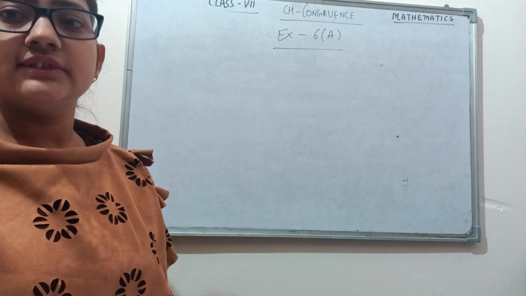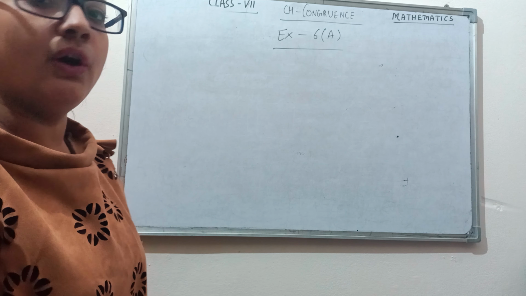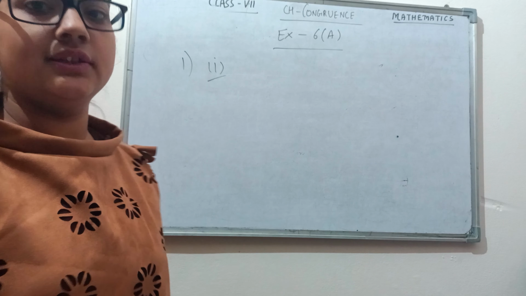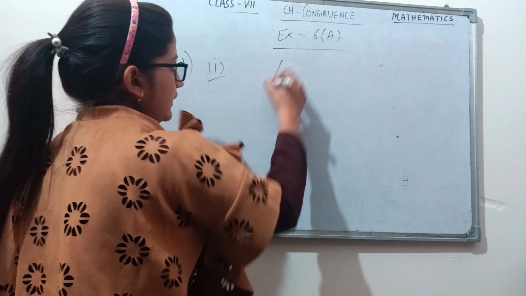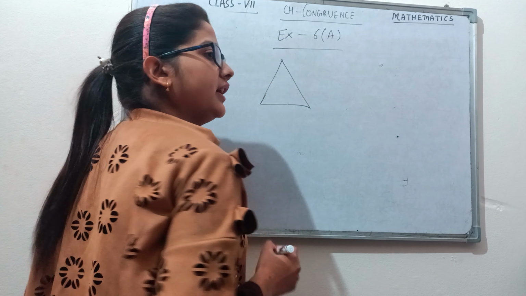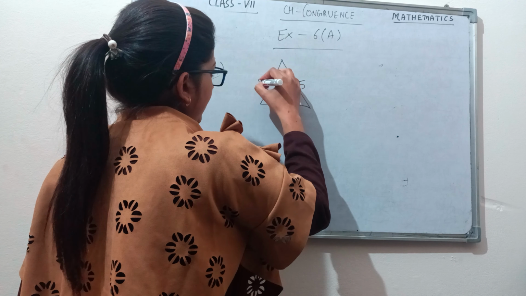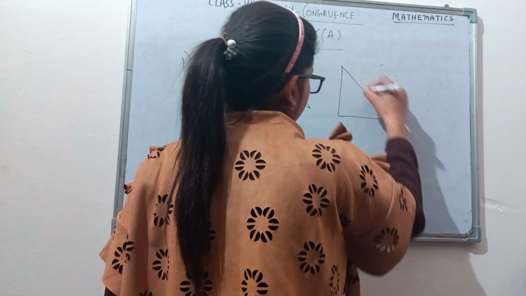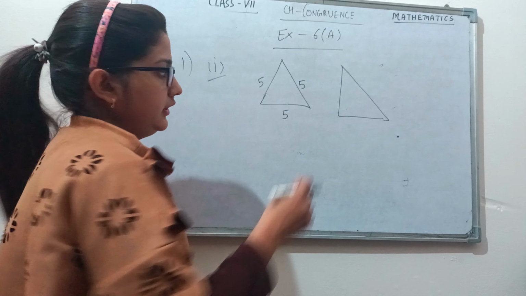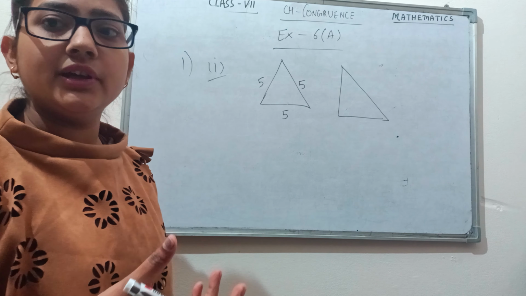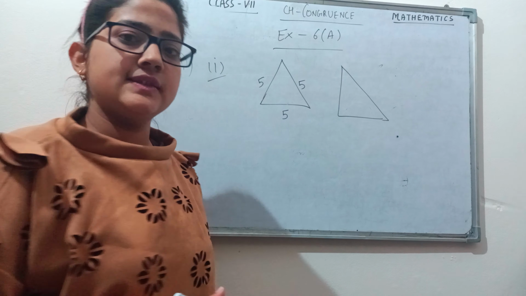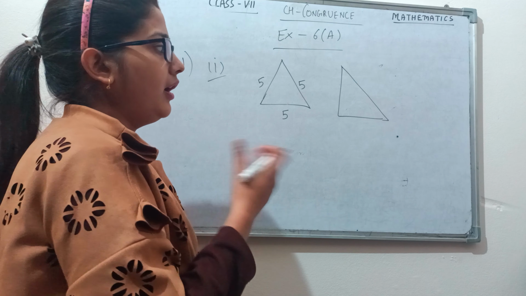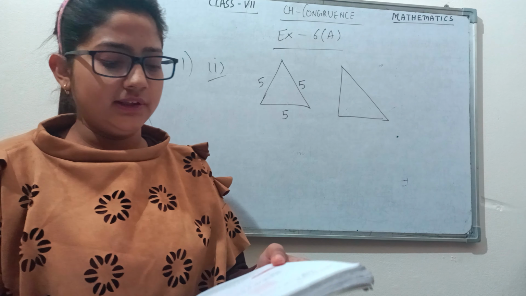Its answer is false, because if, for example, one triangle is an equilateral triangle with sides 5 centimeter, 5 centimeter, 5 centimeter, and there is one right angled triangle, these two triangles are not similar because their shape is not the same. The shape of all triangles is not the same, so all triangles are not similar.